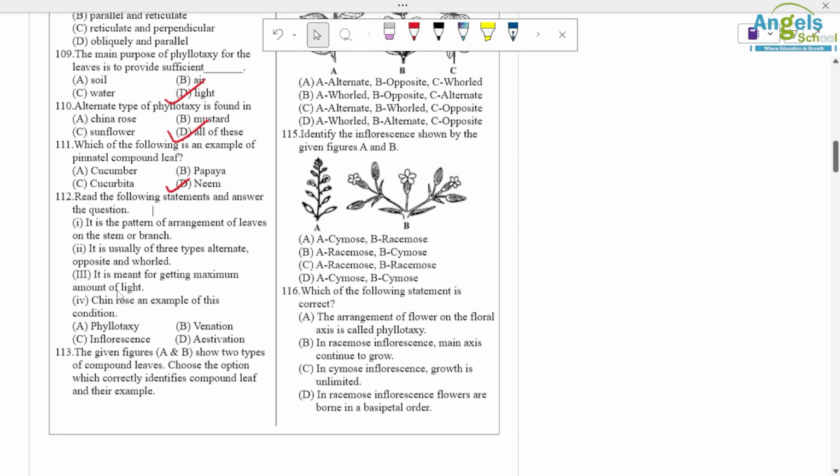Read the following statement and answer the question. It is a pattern of arrangement of the leaves on stem or branch. It is usually of three types, alternate, opposite, and whorl, and it means getting a maximum amount of light. China rose is example of this condition. So it is phyllotaxy, arrangement of a leaf.